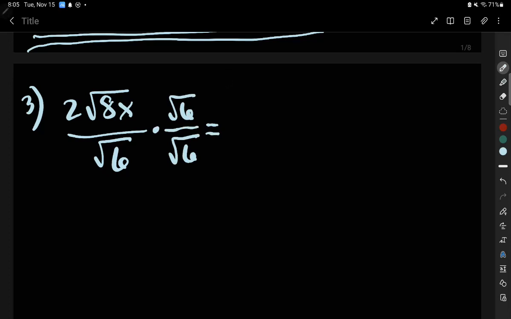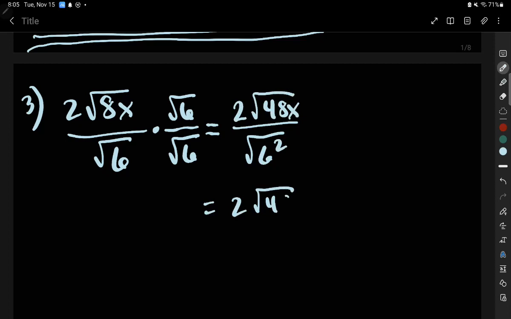Alright, so square root of 6 times square root of 6 is square root of 6 squared. And then 2 times square root of 6 times 8x is 48x. So this becomes 2 square root of 48x. So the x is inside the radical sign.